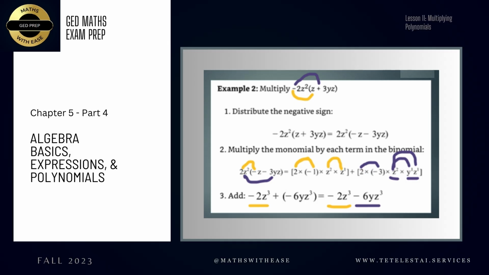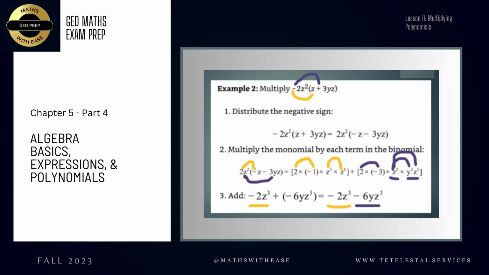I want to mention that when you're multiplying, what I just said in terms of combining like terms only applies to addition and subtraction, right? So in this particular instance, we were able to multiply -2z squared by 3yz, because that particular rule doesn't apply to multiplication, okay?